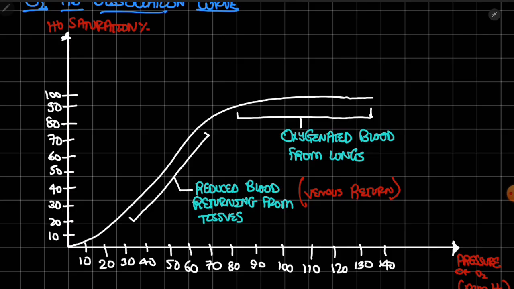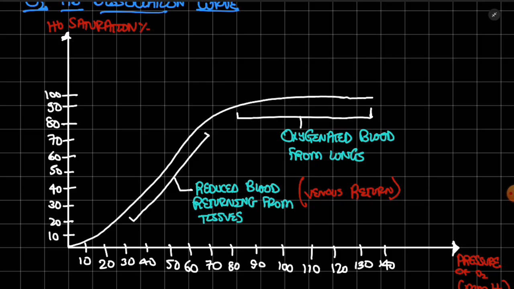The venous return is less in Hb saturation, like the pressure of O2 is less, so O2 containing Hb is less, so the Hb saturation is less. Okay, so what is the advantage of this graph? This is the sigmoid curve, as we know. O2 is bound to hemoglobin.